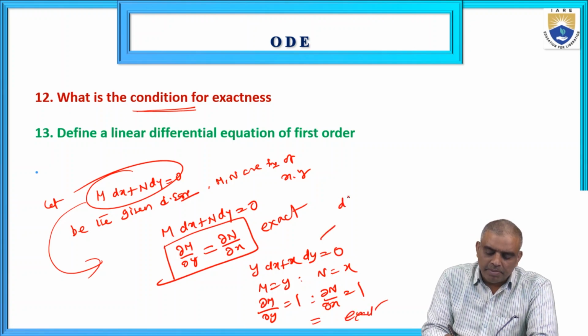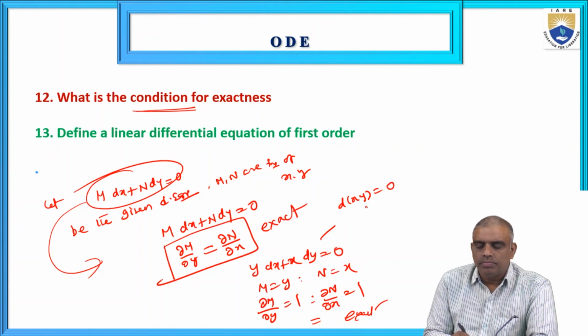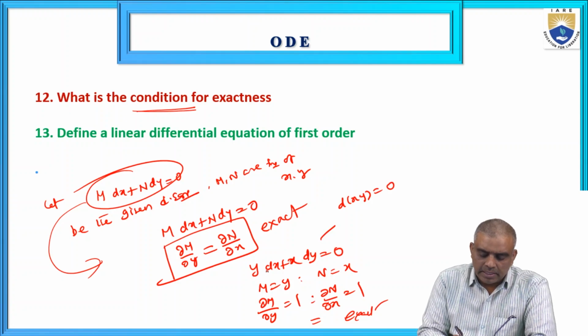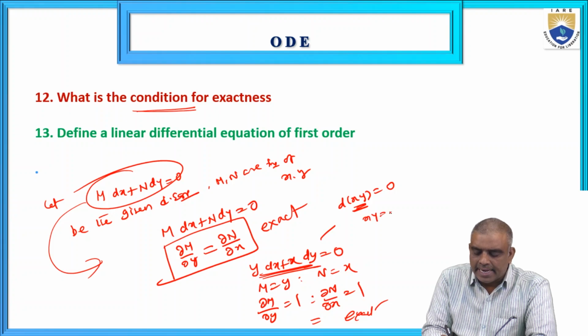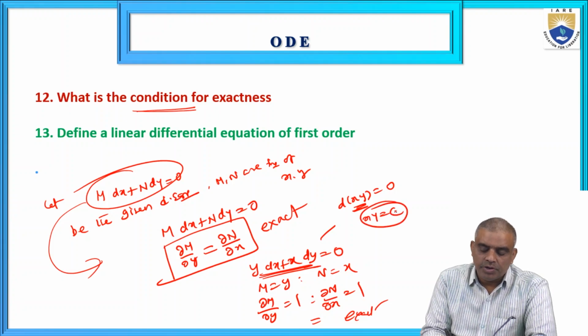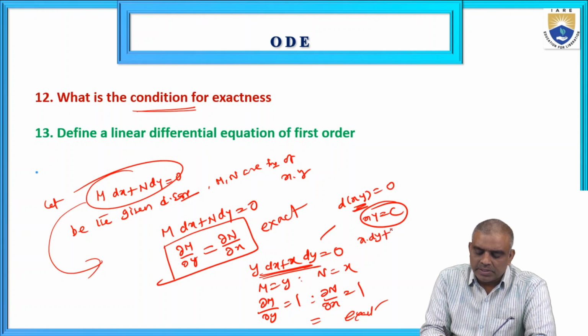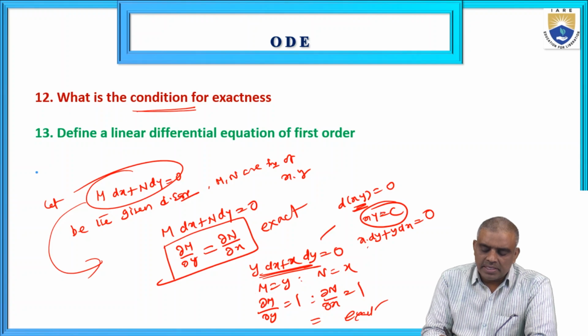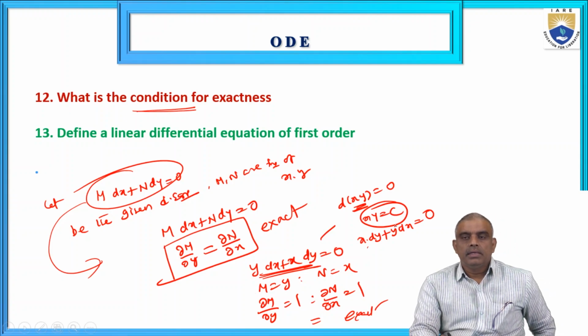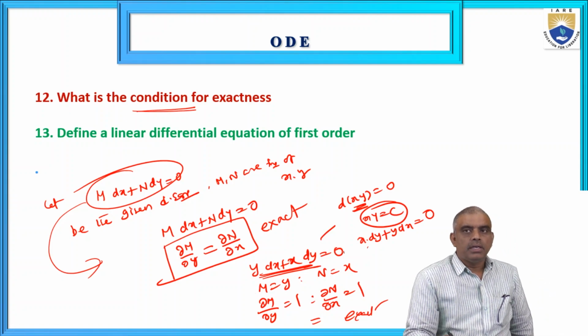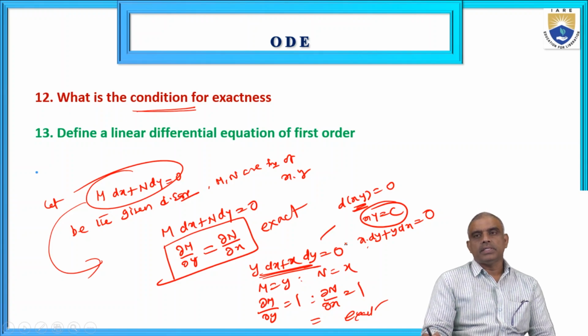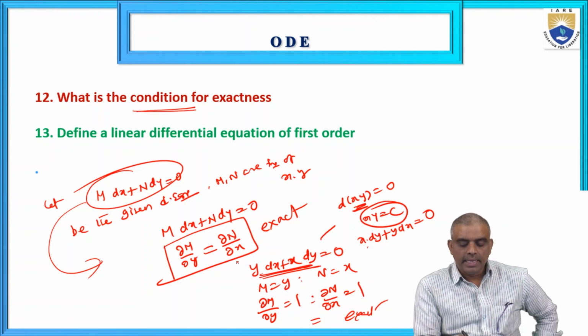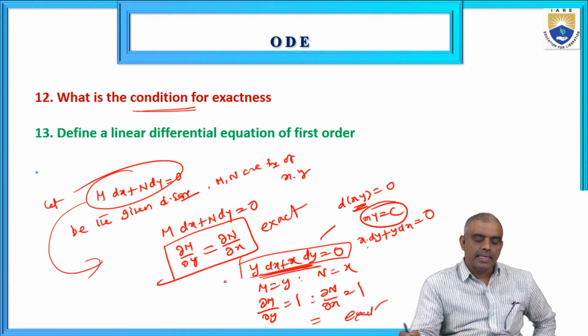Because it is obtained from its primitive, d of xy is 0. So this equation is obtained by differentiating xy is equal to c directly. If you take the primitive xy is equal to c, then on differentiating, x into dy plus y into dx, the derivative of the constant is 0. So on differentiating xy is equal to c, you get the differential equation, and this obtained equation is an exact equation. That is the example for the exact equation.